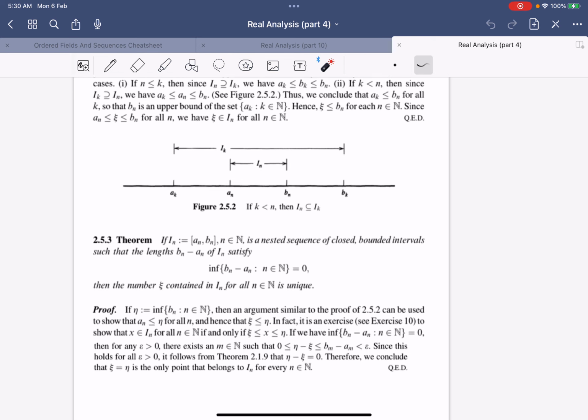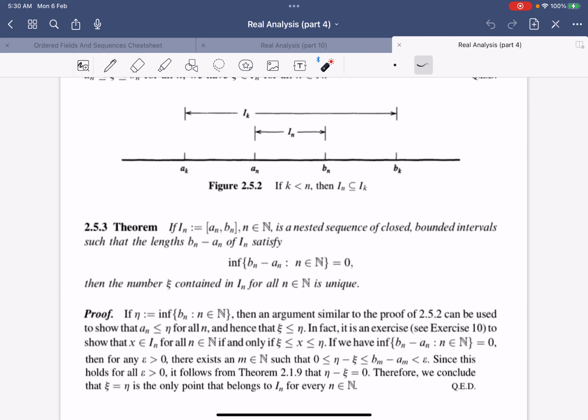So one more thing to take note of is that if you're given a nested sequence of closed and bounded intervals, and the lengths of the intervals satisfy that the infimum equals 0 as n runs through all natural numbers, then the epsilon here is unique.